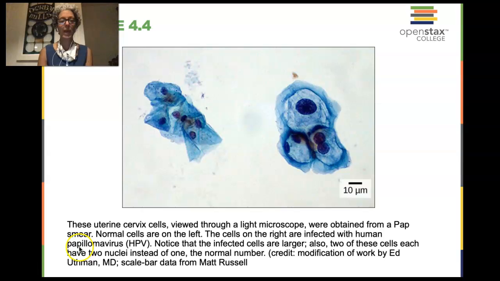That's why it's called a Pap smear, looking for cells that have been damaged by papillomavirus. So the HPV causes cell irregularities. It can disrupt the way these cells reproduce and can cause cervical cancer.